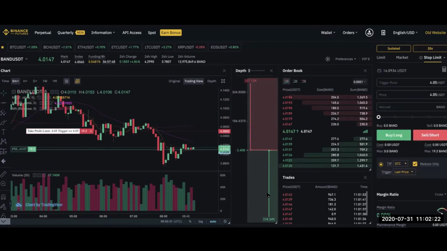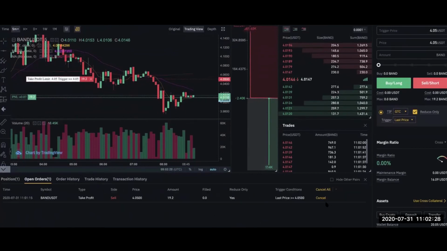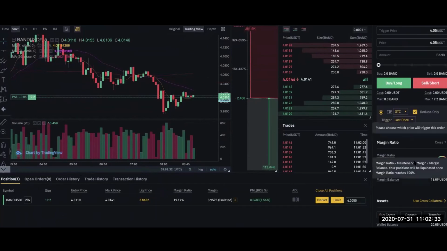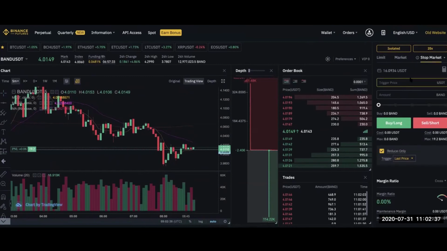But anyway, let's see if we can just cancel that. Cancel that one. It's not going to take us out of the order. The position's still open. I'm going to put a stop market for when, as a take profit.